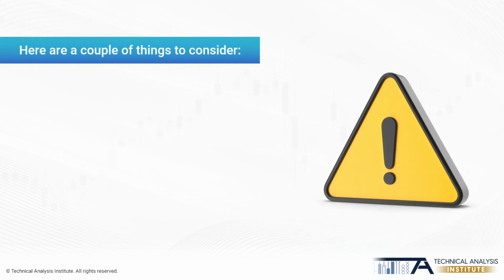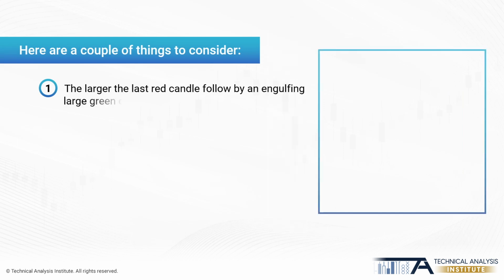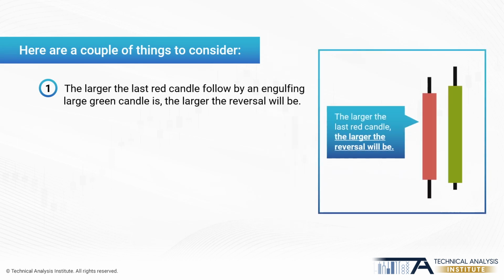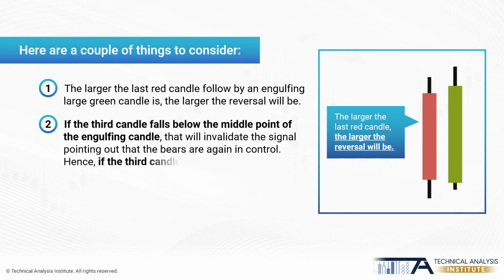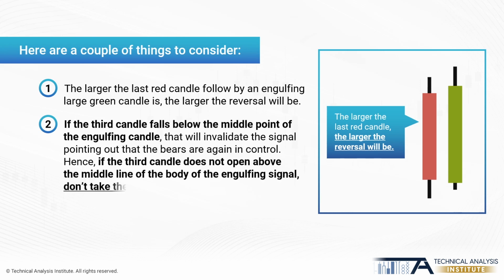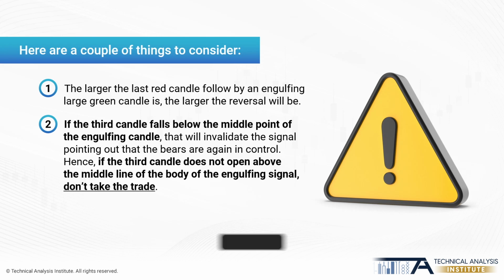Now, here are a couple of things you want to consider. One, the larger the last red candle, followed by an engulfing large green candle is, the larger the reversal will be. And two, if the third candle falls below the middle point of the engulfing candle, that will invalidate the signal, pointing out that the bears are again in control.